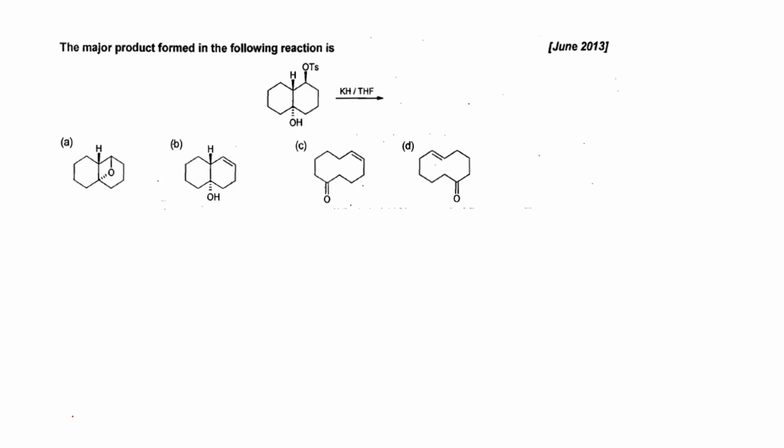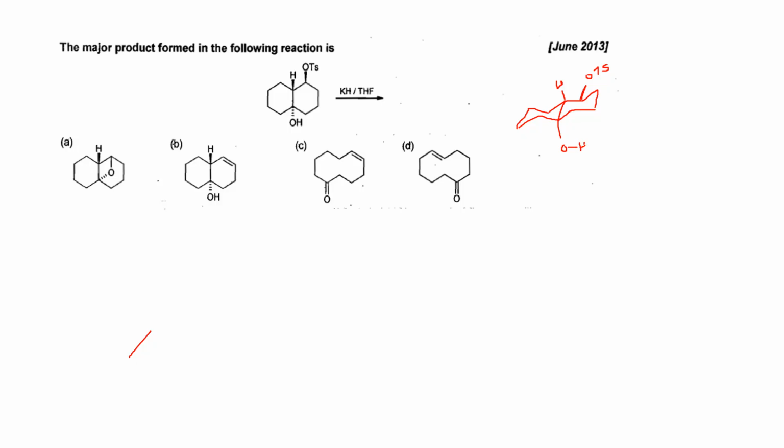So let's draw it in a cyclohexane manner. You have to find the trans bond with respect to this carbon-OTs bond.